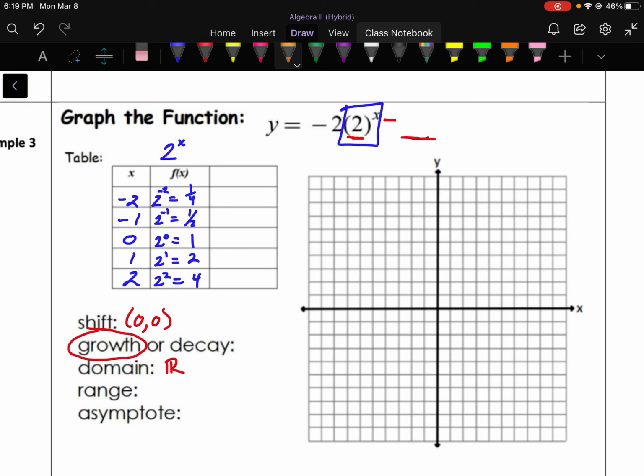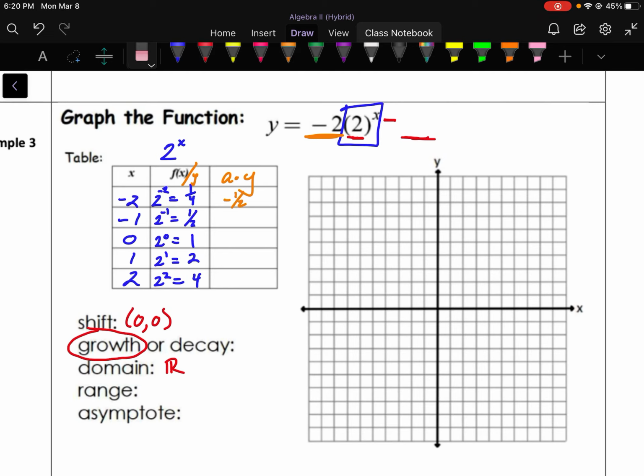The last column again says take a times y, because remember f of x and y, it's the same thing. So you take your a value, which we actually have this time, it's -2, times that y column. So 1/4 times -2 is -2/4, or -1/2.